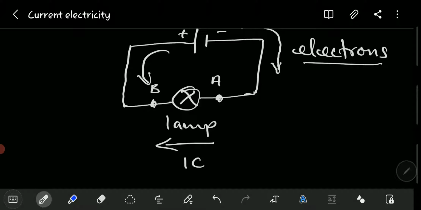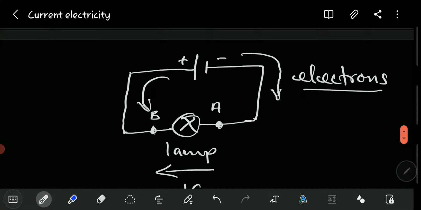It may be a little bit abstract because I've put two concepts here. Current is moving from the positive terminal going to the negative terminal, and electrons are moving in the opposite direction to the current.